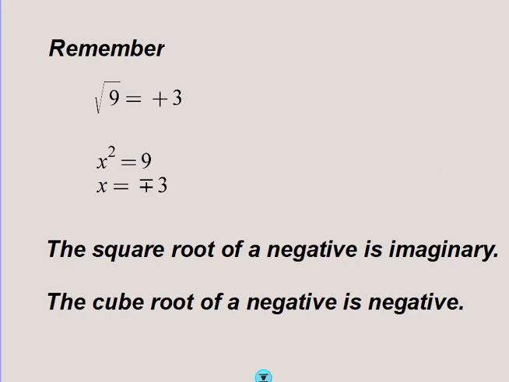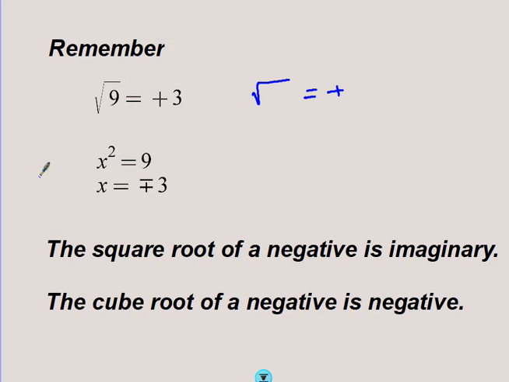You need to remember that root 9 is positive 3. The square root sign is reserved for a positive value. However, pay attention that when you're talking about an equation like x squared equals 9, and when you actually take the square root of both sides, you need to remember that there are two answers, the positive and the negative of the root, which is 3.